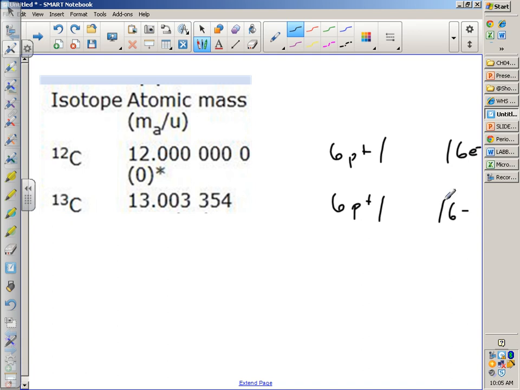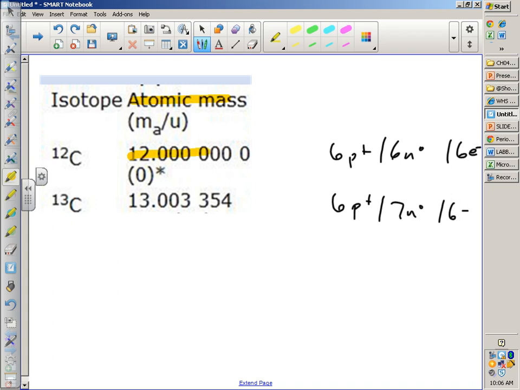But now, if we do a couple of simple calculations, we can also tell what about these atoms? Rhea? Number of neutrons. How many neutrons does carbon-12 have, Rhea? It's going to have 6 neutrons, right? And then carbon 13 is going to have 7. Okay, good there?